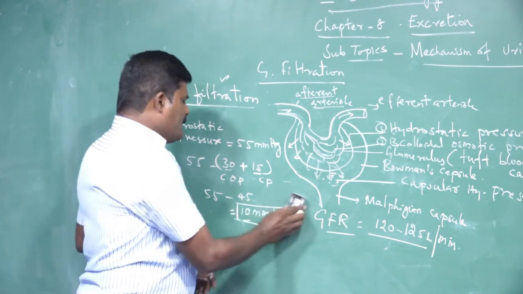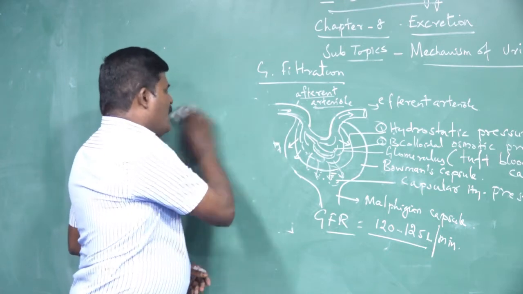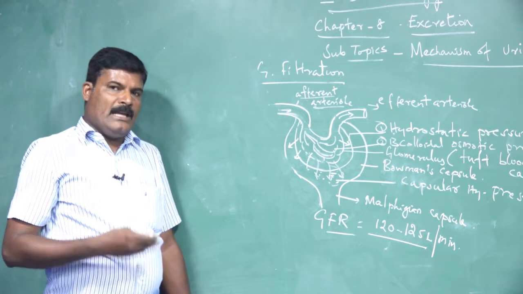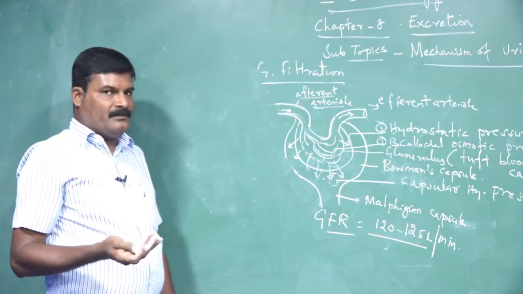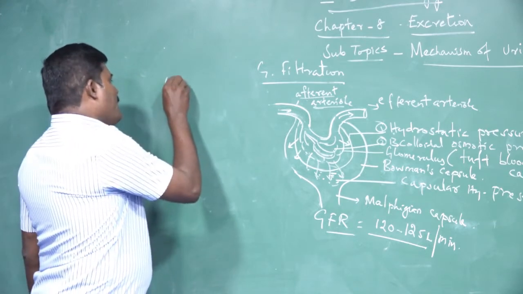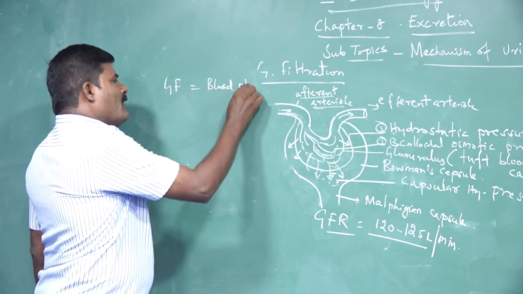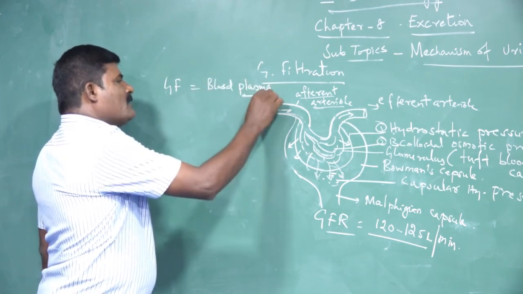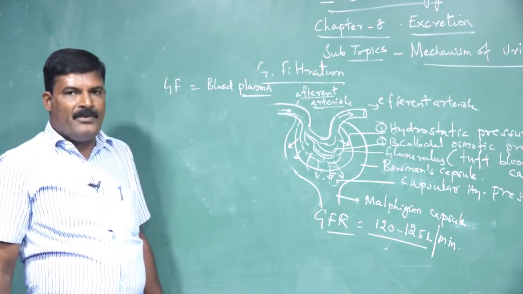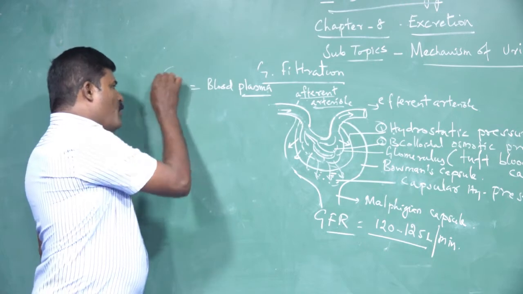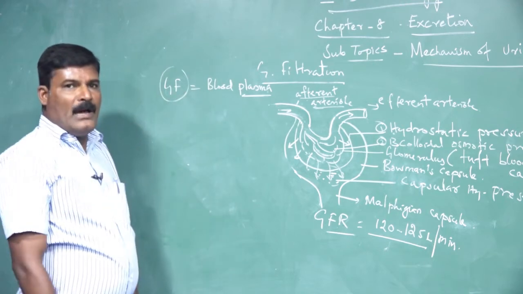Here, what is the difference between the glomerular filtrate and blood plasma? The glomerular filtrate is equal to blood plasma. You know what blood plasma is? The liquid portion or fluid part of the blood is blood plasma. So what compounds are present in the glomerular filtrate?